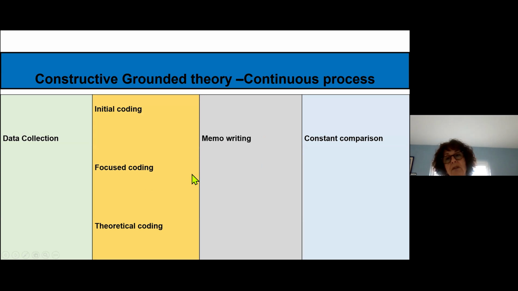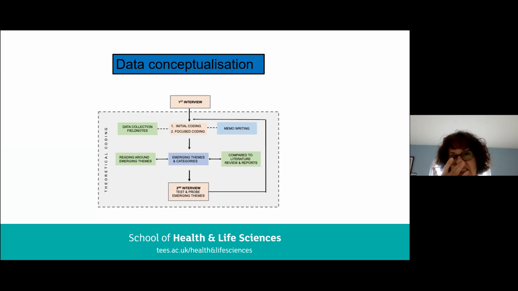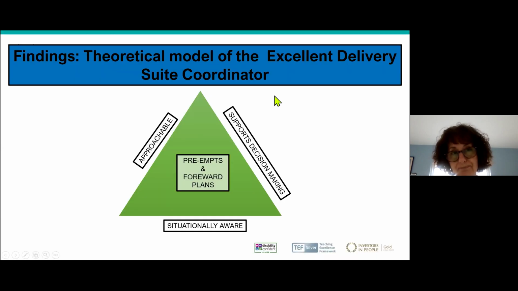I used constructivist grounded theory as my methodology, and that is a process where you simultaneously collect data, code, write memos, and constantly compare your data. And this is done in parallel, so the information that you get from the first interview then feeds into subsequent interviews and the questions that you ask.